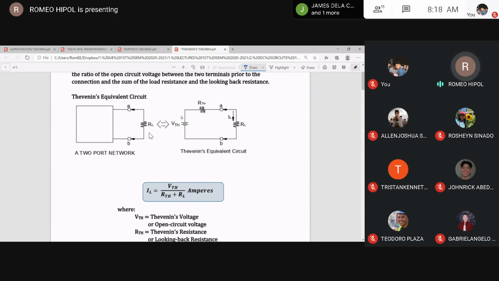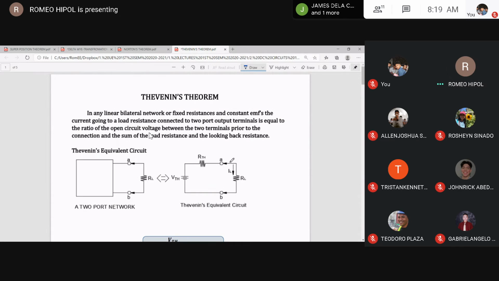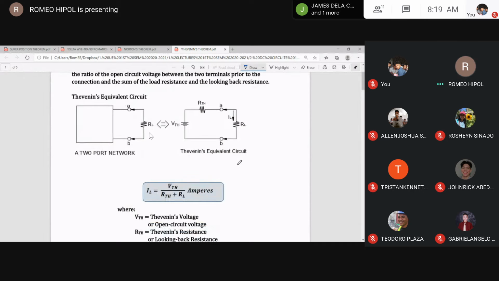So at load resistance, we have the current flowing at the load, which is the IL or the load current. So in Thevenin's theorem, we are going to compute for the load current with respect to this equivalent circuit.